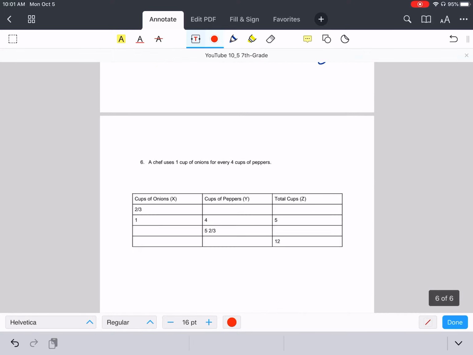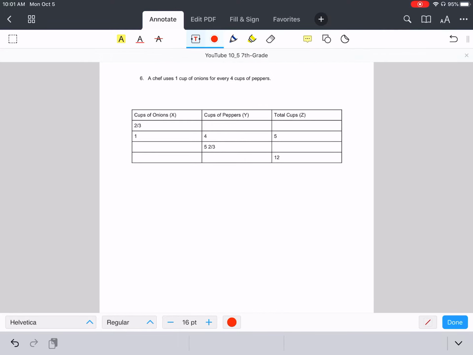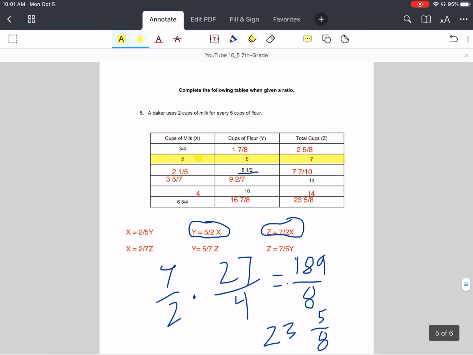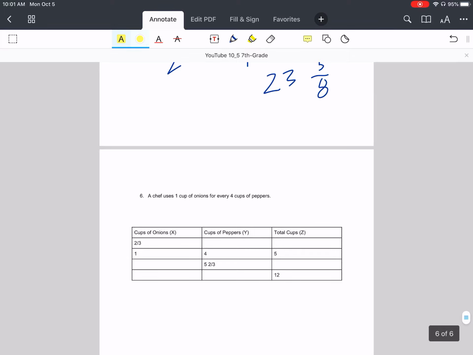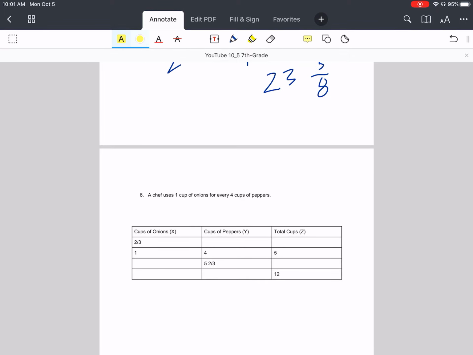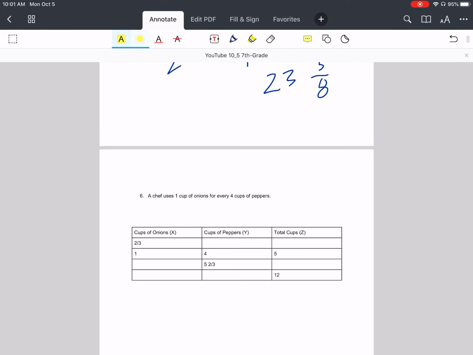All right. Last table. We're going to be focusing on our whole numbers. Highlighting has proven difficult for me. Okay, we are focusing on the 1, 4, and 5 because I cannot highlight.